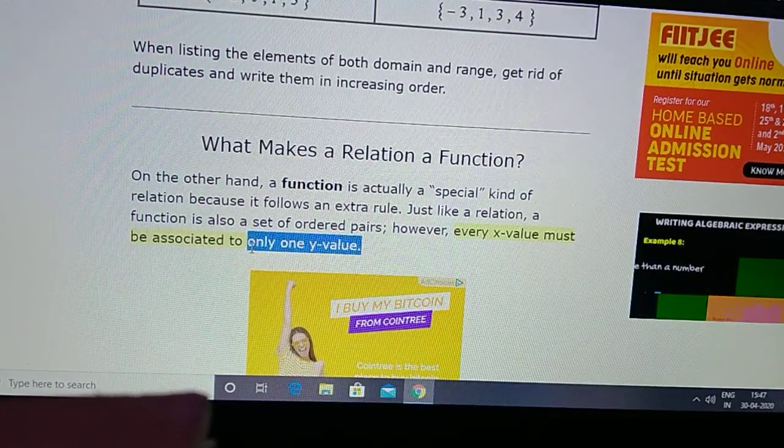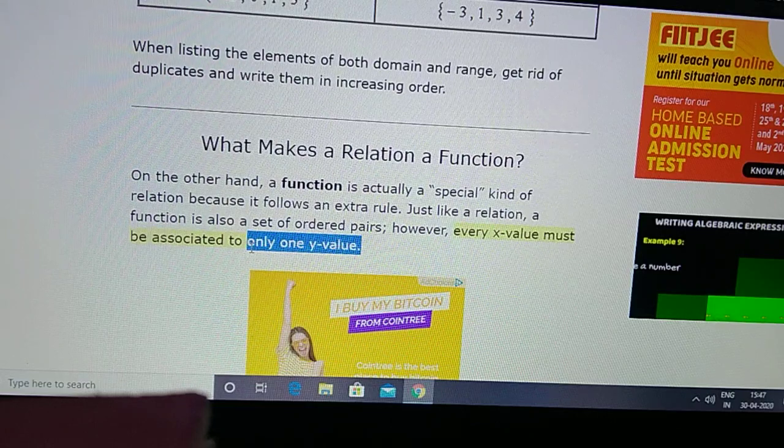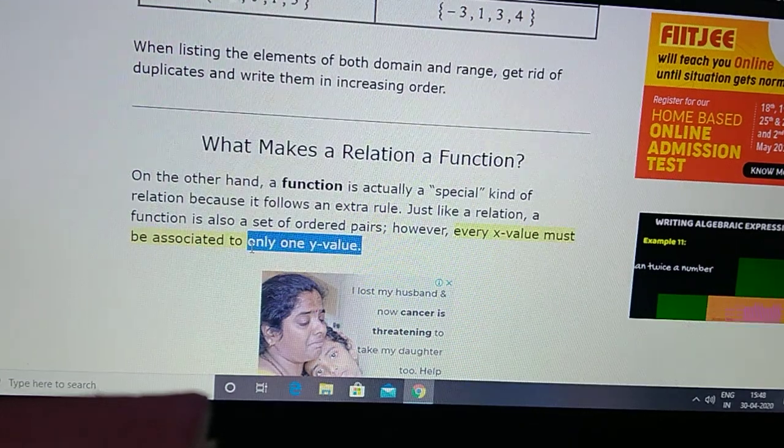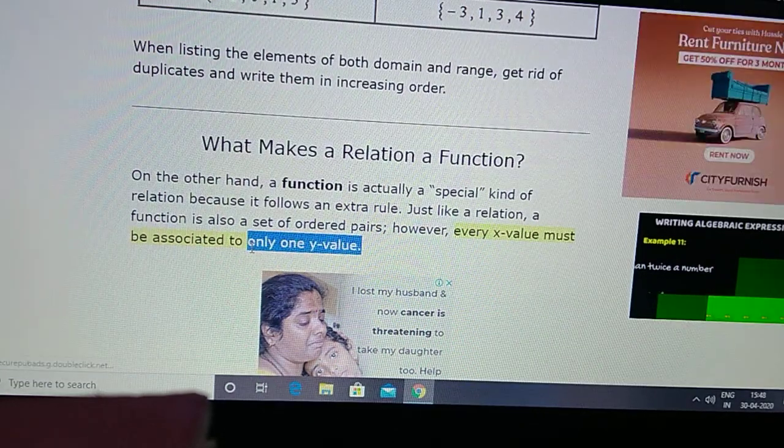This is a very important line. The element of x must be associated with only one value of y. If there is only one value of y, it is known as a function, otherwise it is not.